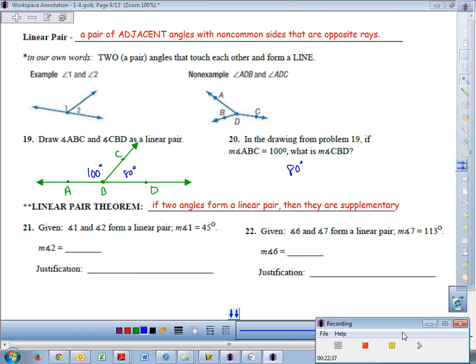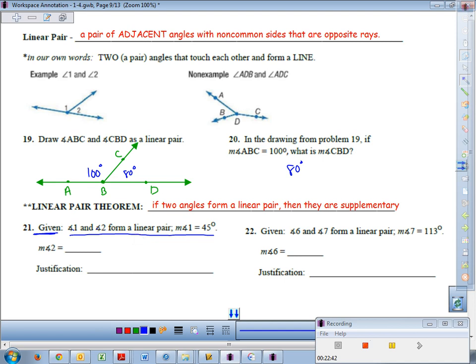What we need to realize is how easy these problems actually are. To do any proof, they must give you some information. Do you see here, all of this is given information right there. So what did they tell us? I don't even have a picture, right? But they say angle 1 and angle 2 form a linear pair. I already know they're a linear pair. How come? They told me so.